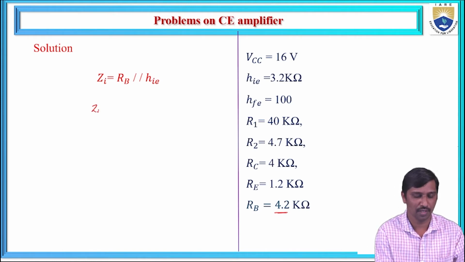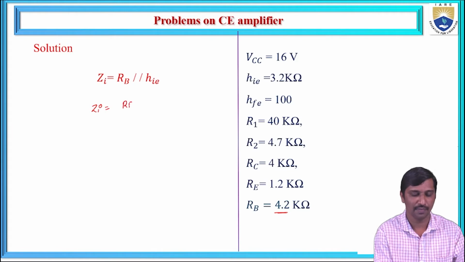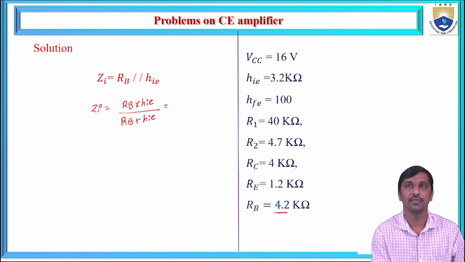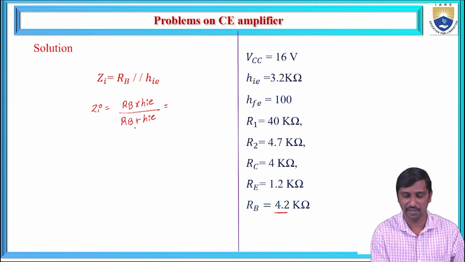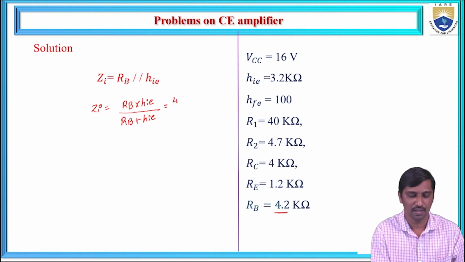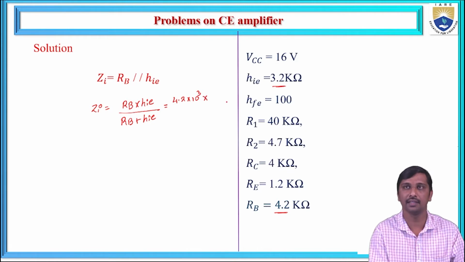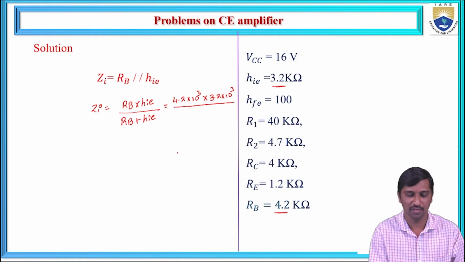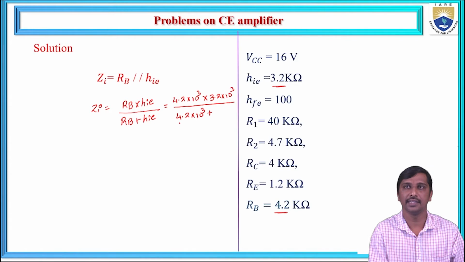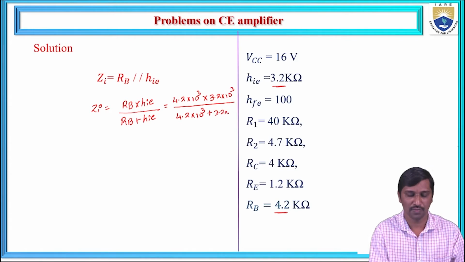Hence, again, we need to calculate this Zi. RB is in parallel with HIE, hence RB into HIE by RB plus HIE. If you substitute the specifications, RB we got is 4.2 kilo ohms, hence 4.2 into 10 power 3, into HIE, which they have given as 3.2 kilo ohms, hence 3.2 into 10 power 3, by RB plus HIE, that is 4.2 into 10 power 3 plus 3.2 into 10 power 3.